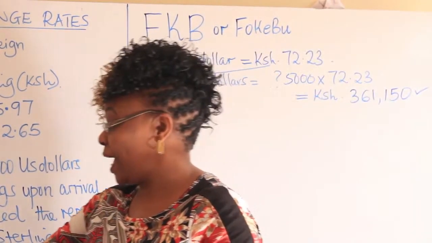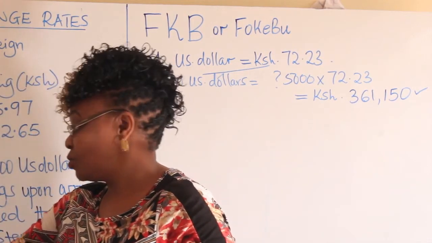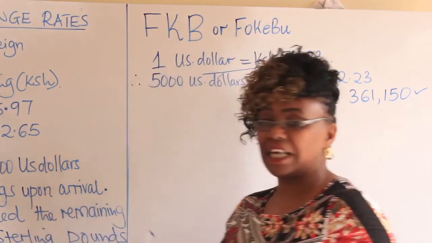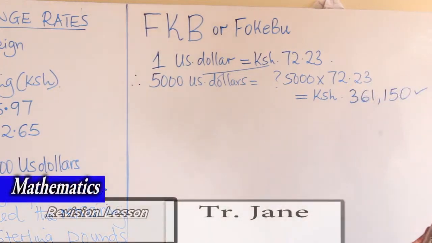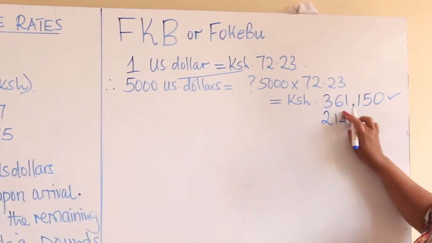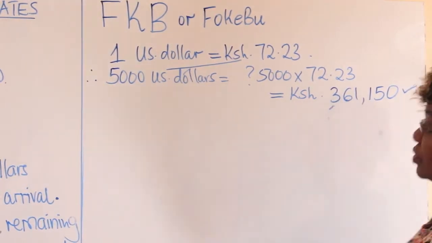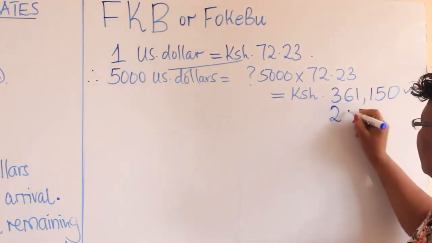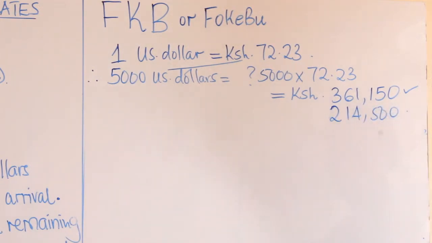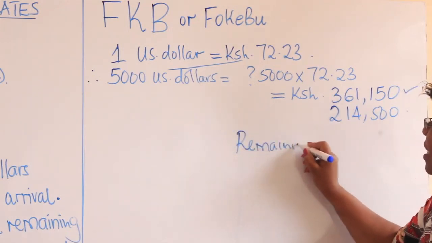Then we are told that he spent Kenya shillings 214,500 and converted the remaining into sterling pounds. When he was in Kenya, he spent shillings 214,500. And so what is the remaining amount of money in Kenya shillings?